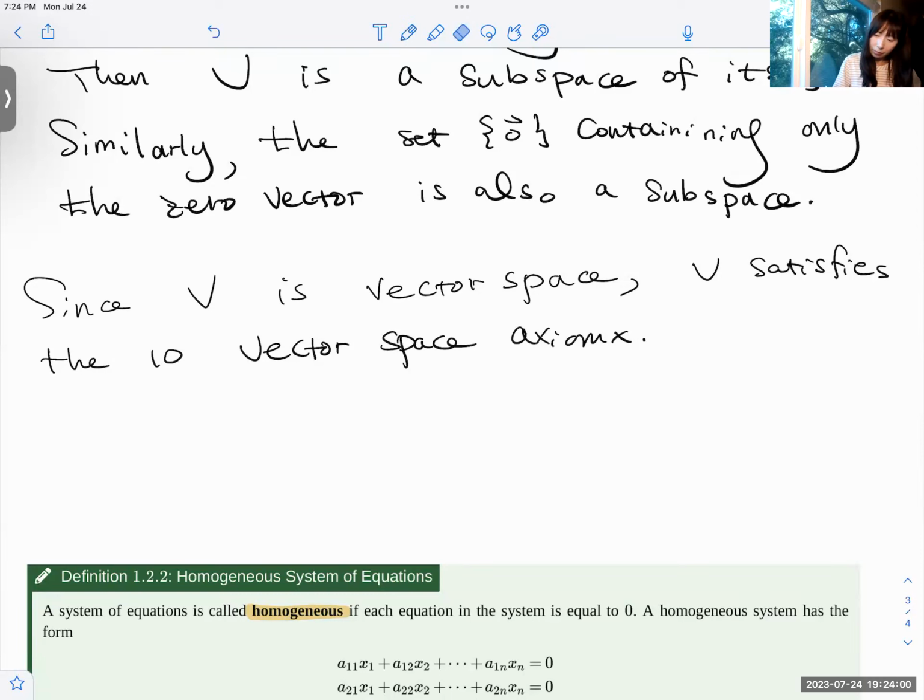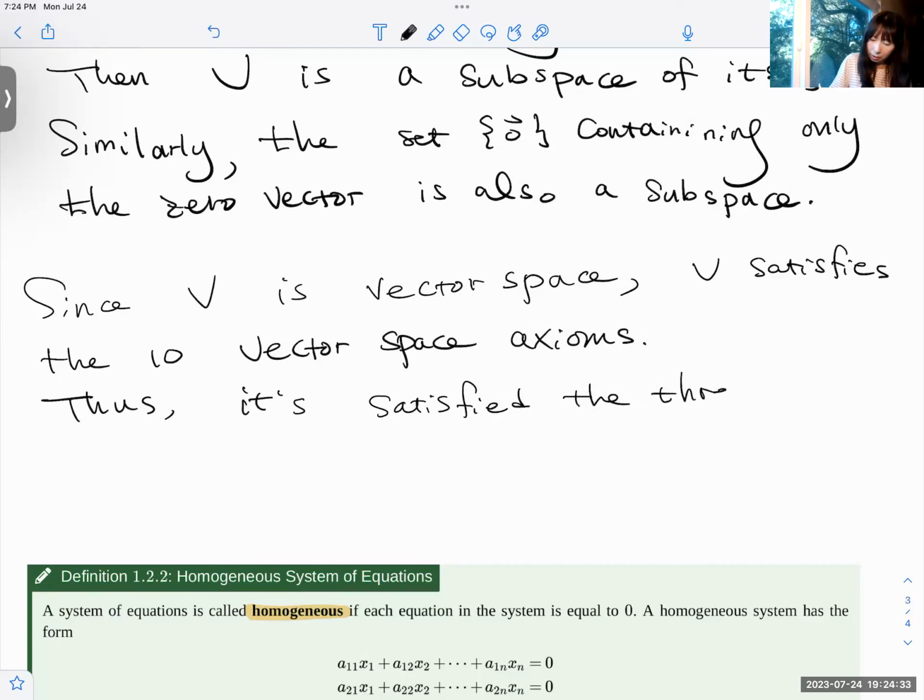Thus 0 is in there also, and closed under addition and closed under scalar multiplication. So it satisfies the three conditions.